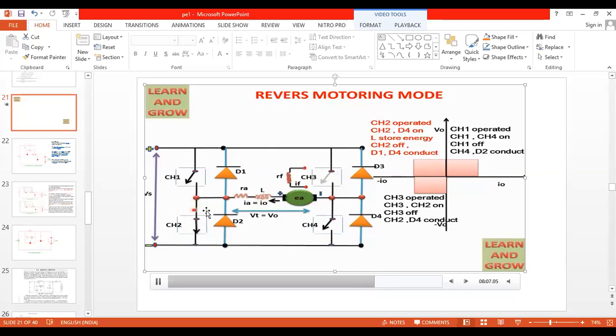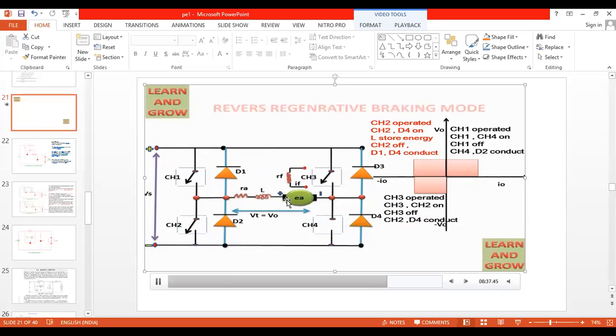That energy is transferred to CH2, and has to come back to the inductor, from D4 to the motor to the inductor. Understood? After a certain period of time, the inductor de-energizes, and the de-energizing current flows from L plus to CH2, CH2 to D4, D4 to motor, and from motor to inductor. Next, in case 2 only, if the back EMF of the motor is greater than the supply voltage, then this motor acts as the generator.